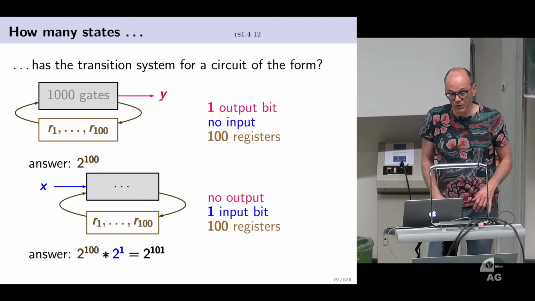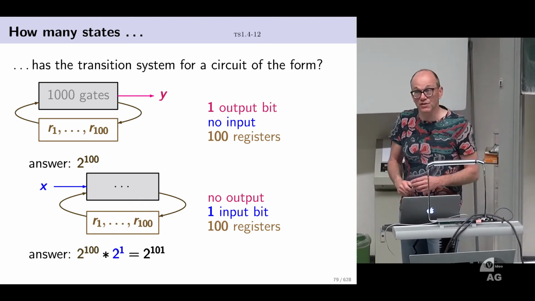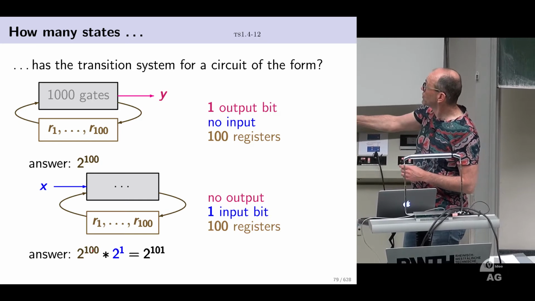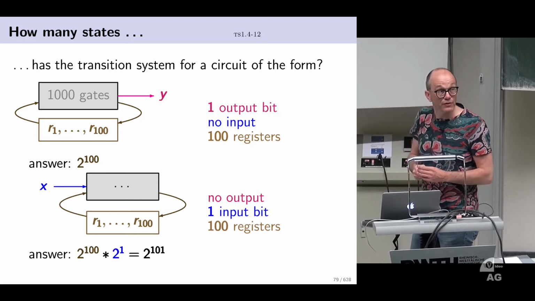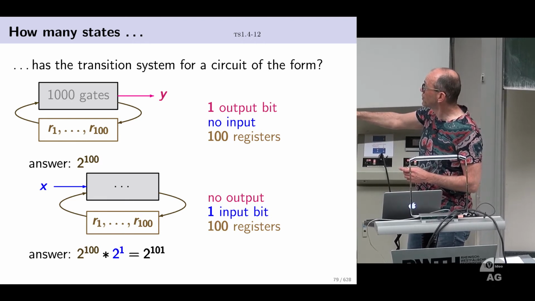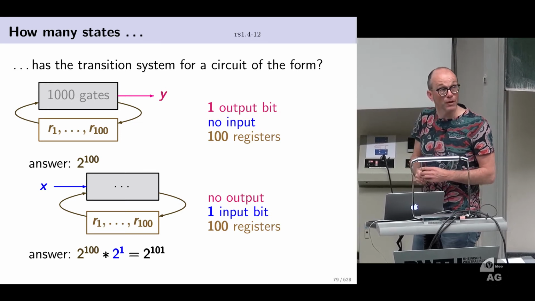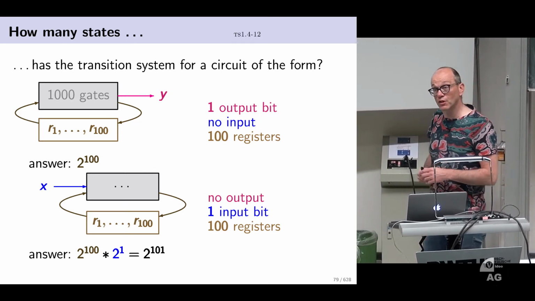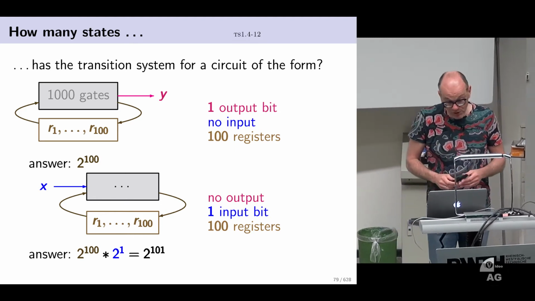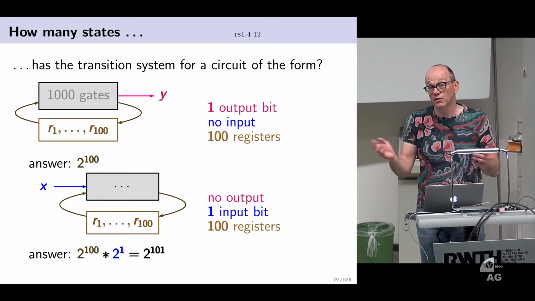How many possible states does the transition system of this circuit have? 2 to the power 100, because these are all the possible different values of the registers, times 2 to the power 1. We have one input, and the input is either true or false. So it's the number of registers and the number of inputs that is decisive on the size of the transition system.